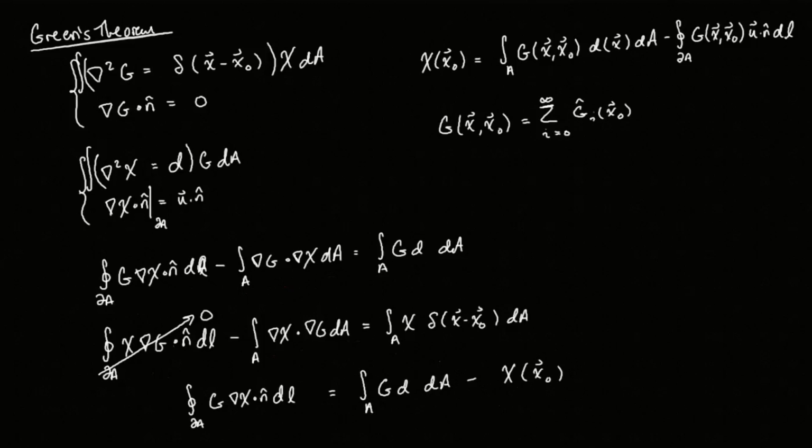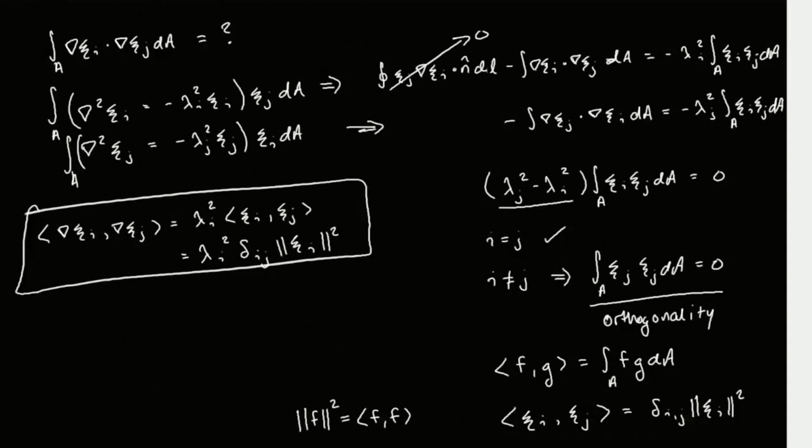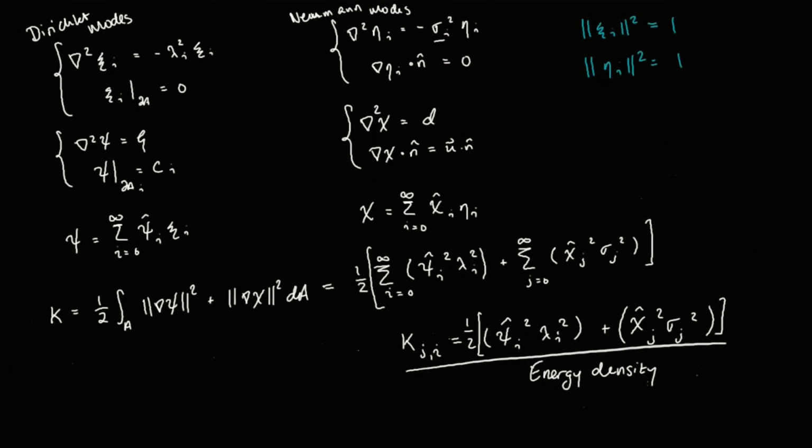So the spectral coefficients here are going to depend on that position. And we're going to use the Neumann modes. The Neumann modes were the etas.